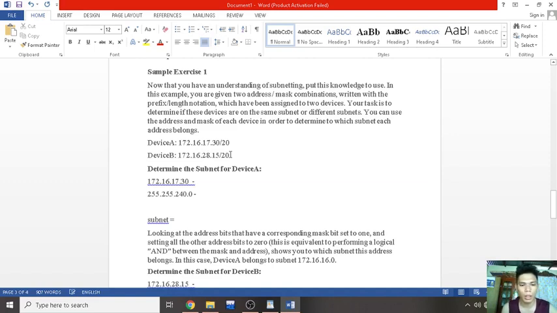Determine the subnet for device A. So we have 172. We will identify that: 128 plus 32 plus 8 plus 4, and the rest will be 0.